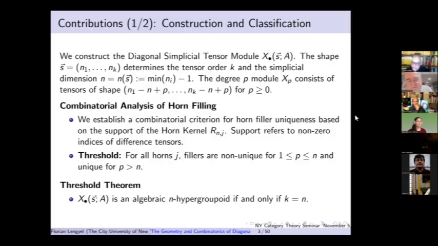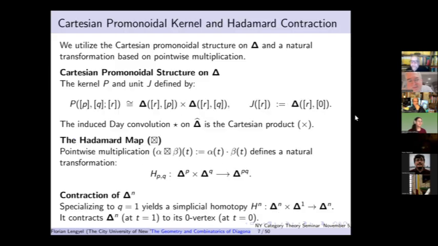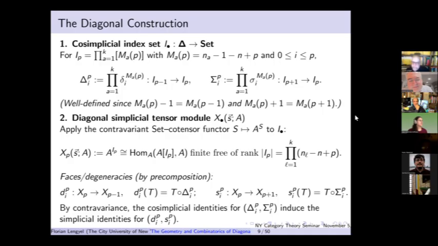I have to get to the construction, which is that I have to define certain boxes, certain sets, and then I'm going to take the cotensor on this set, essentially hypermatrices. That's what I mean by a tensor.